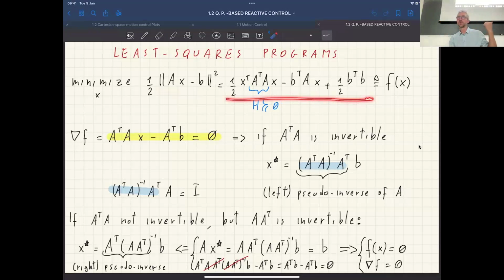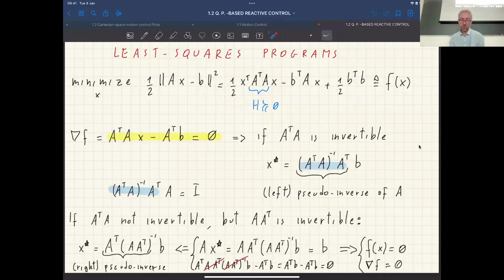That's the same thing we did before for the special case where the cost function was q double dot minus q double dot desired. Now we are doing it for the more general case of an arbitrary linear expression. So we get this form. This part here is constant because B is a constant, so B transpose B is just a scalar constant value. This part is linear in X. And this part here is the quadratic part.